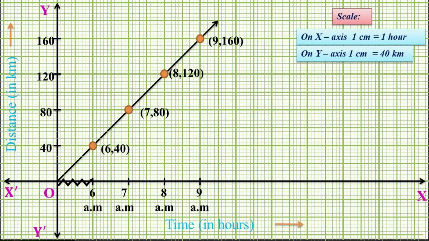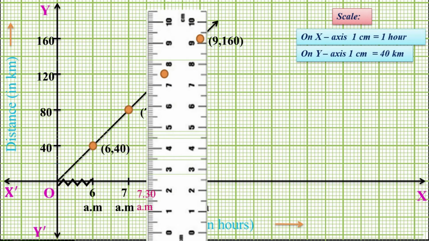Now we find the first question answer. How much distance did the car cover during the period 7:30 am to 8 am? We can mark 7:30 am on the x-axis. Locate the point between 7 am and 8 am. We draw a vertical line to meet the linear graph.